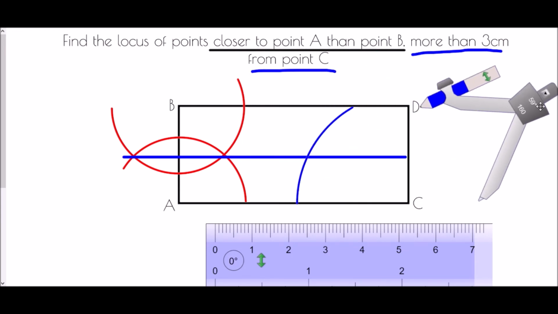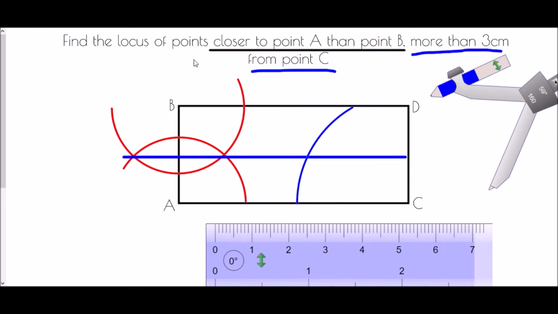So the question was to find the locus of points closer to point A than point B and more than 3 centimetres from C. So straight away, if it needs to be more than 3 centimetres from C, that means we don't want anything within this section here, because they would all be within 3 centimetres.